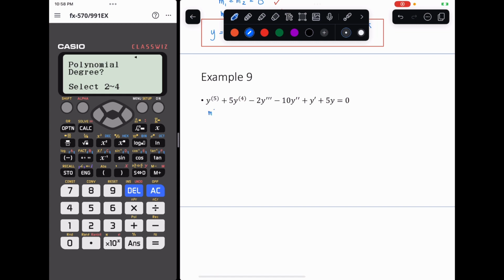So this is m to the fifth plus 5m to the fourth minus 2m cubed minus 10m squared, then plus m plus 5 is equal to 0.